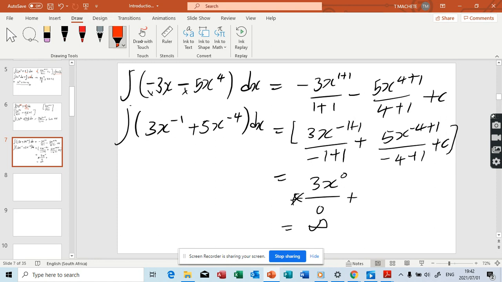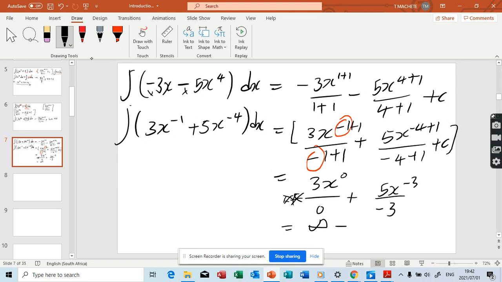The main reason for doing this is this negative exponent. There's no way you'll get something like this. They can't give you something like that. The aim of doing this is to show you guys that when you subtract there, you're going to get 1 minus 4, you're going to get minus 3 over minus 3.